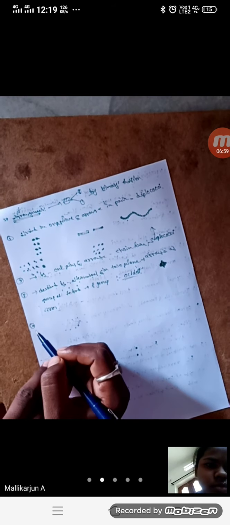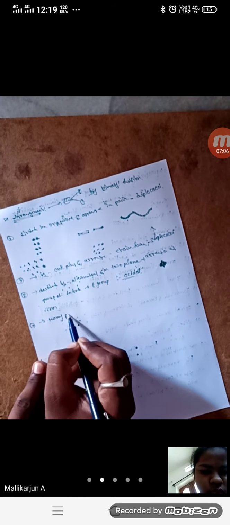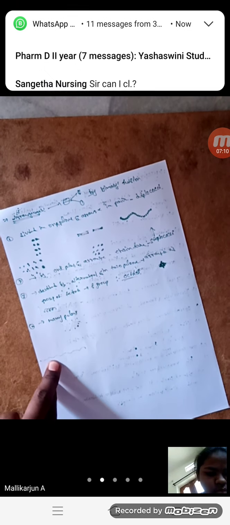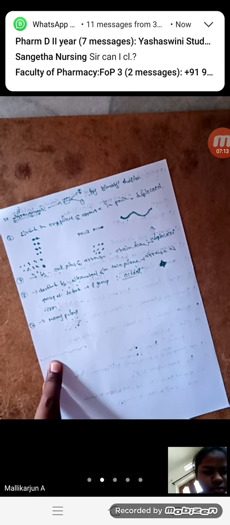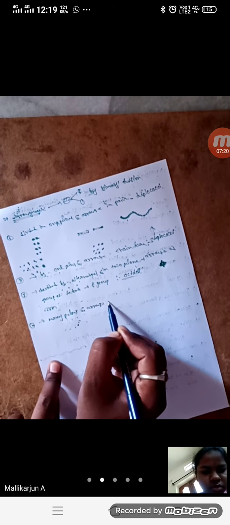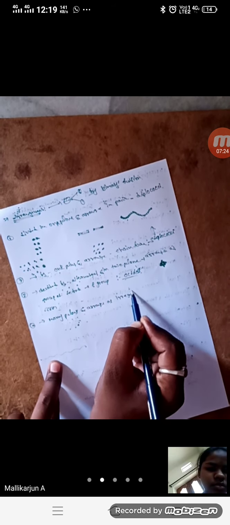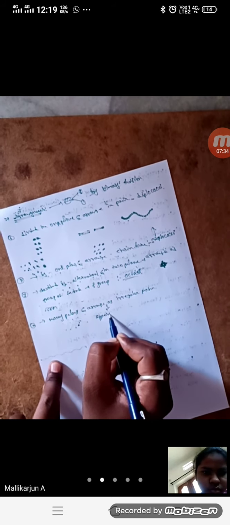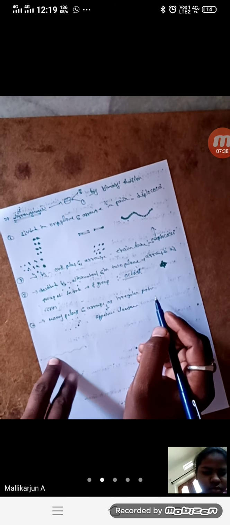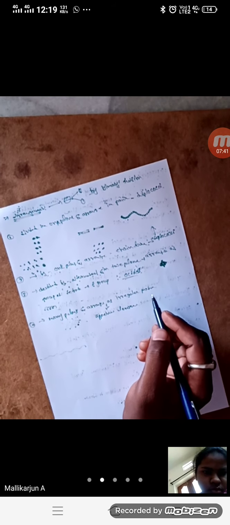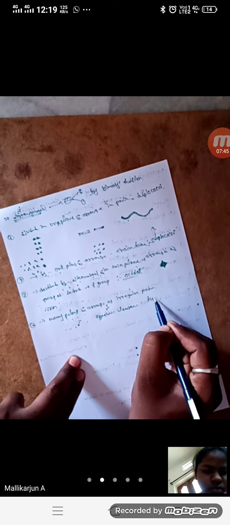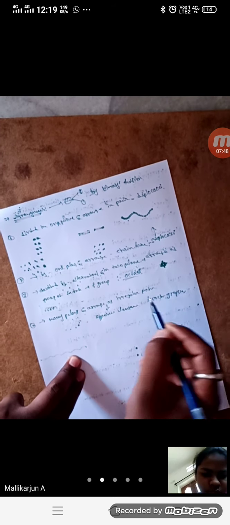The fourth one is the cocci divided into many planes and arranged themselves in an irregular pattern, giving an appearance like a bunch of grapes.